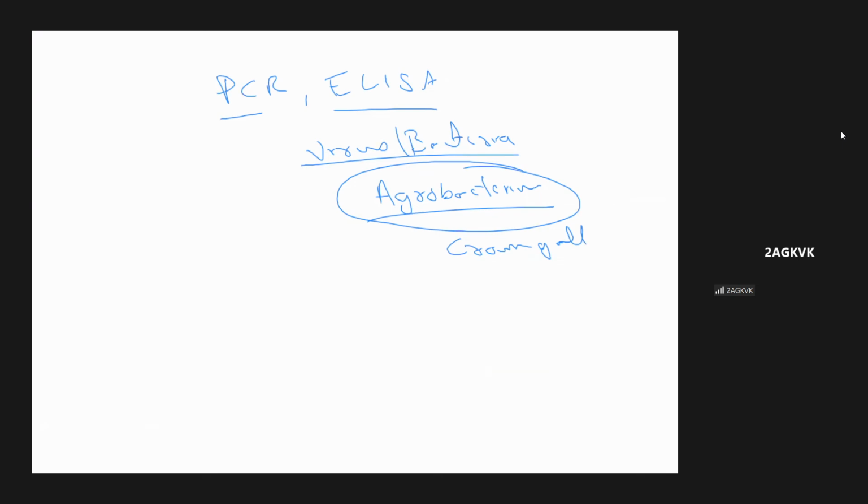So overall, whatever molecular biology methods we use in biotechnology are also used in plant pathology, mainly for diagnosis, to understand the interaction, and also to develop resistant varieties, mainly using resistance genes and thereby transferring them.